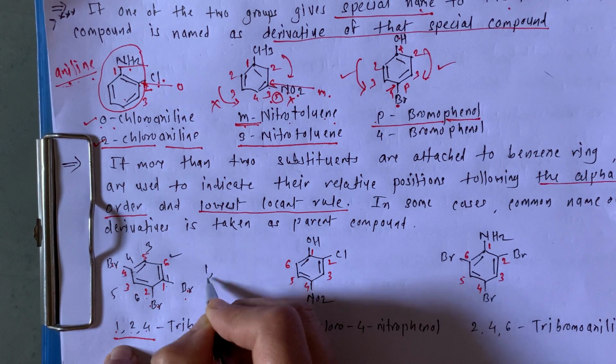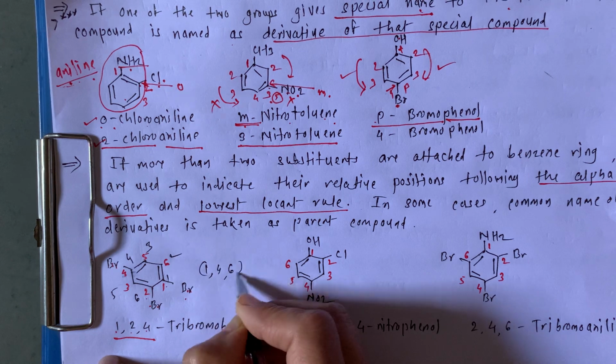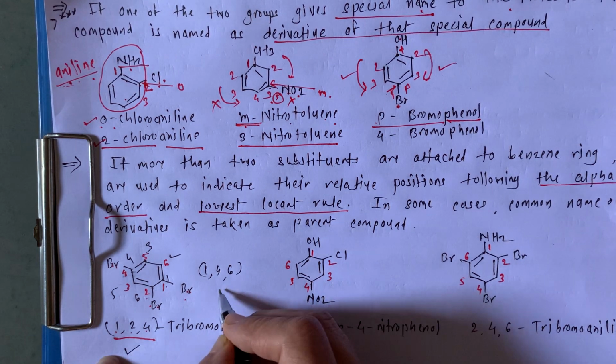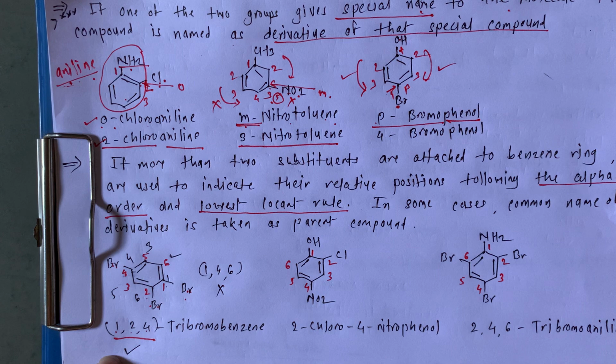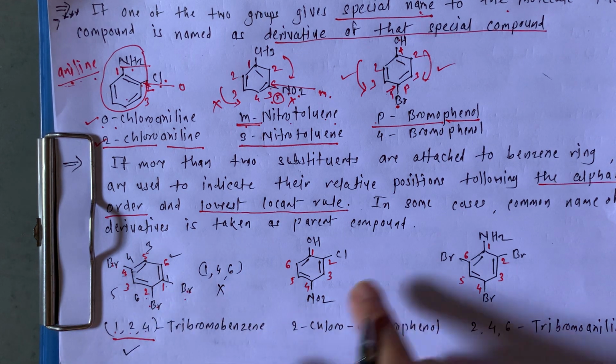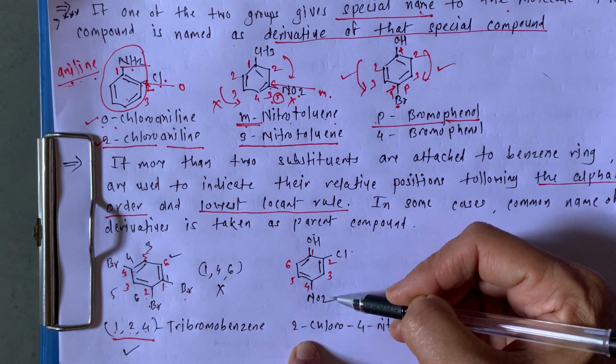It is 1, then 4 and then 6. And if you start this way, then it is 1, 2, 4. So which do we have to select? The smallest locant. So we selected this, we are not selecting this. Okay, so this is 1, 2, 4-tribromobenzene.